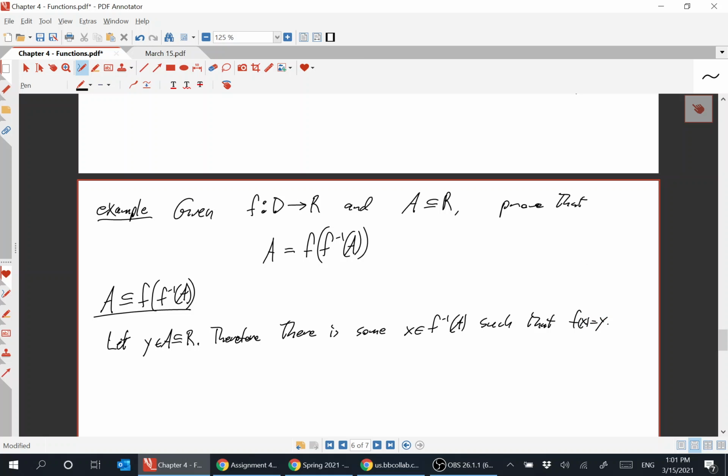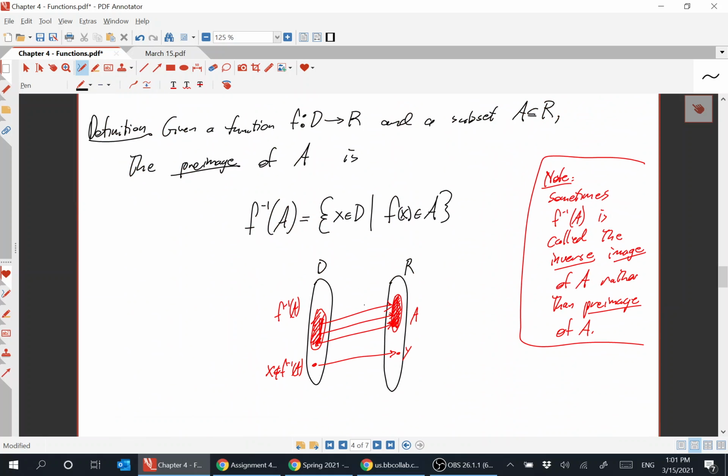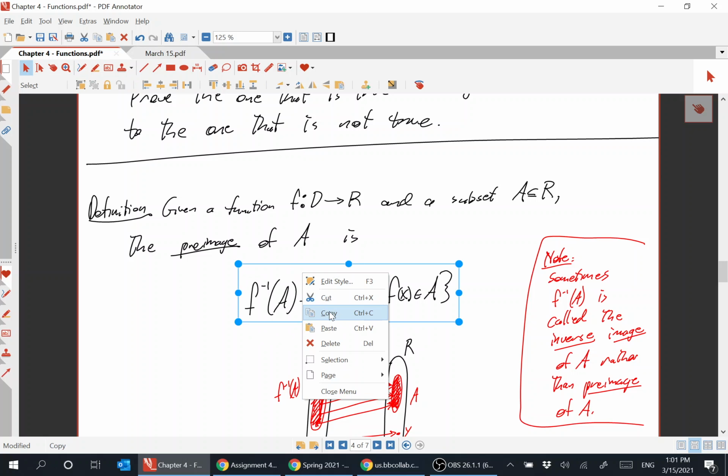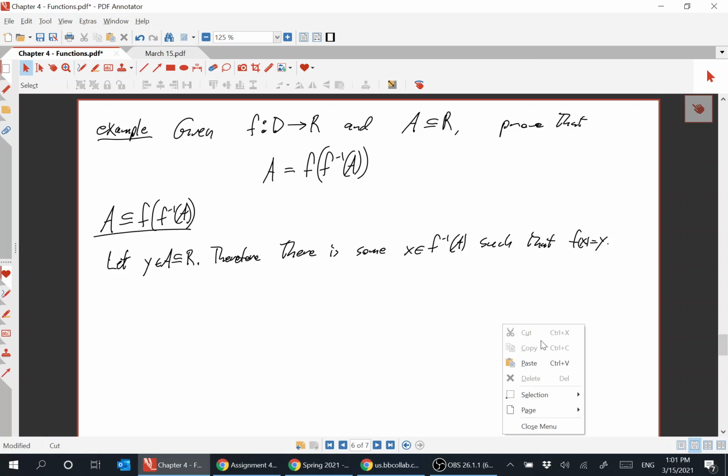All right, what was the definition of preimage? Let's put it here so we can take a look at it.